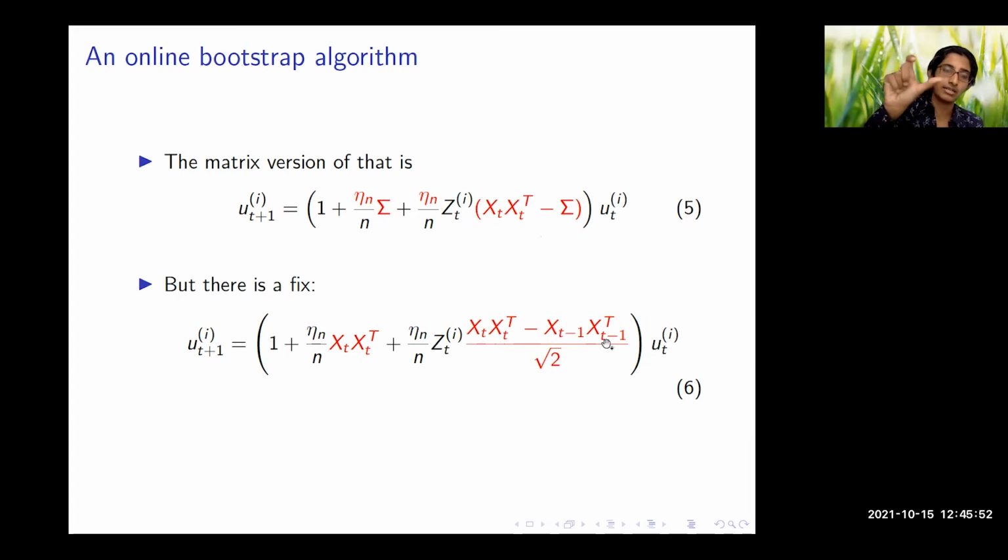It's kind of like a difference of the 2 outer product matrices from one step to another. And the moment you do that, the variance blows up by 2. So this is why there is an additional scalar. That's not really something to worry about. The point is, if you do it this way, everything works out. You have a bootstrap algorithm with the right variance.